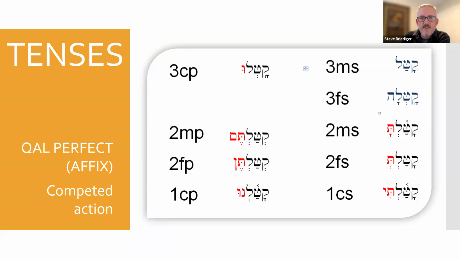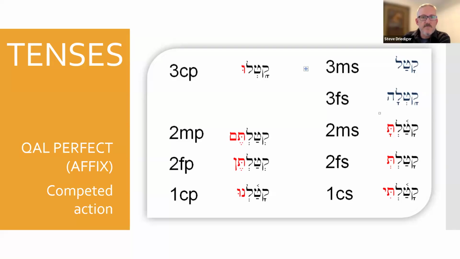That's the affix. The third masculine singular has no affix because the third masculine singular is the lexical form. That is the root. So in Greek, we saw that as the first person singular. In Hebrew, the lexical form is the root, which is the third masculine singular form of the verb.